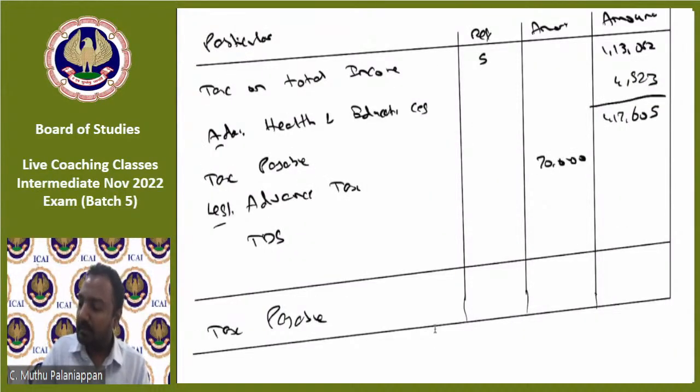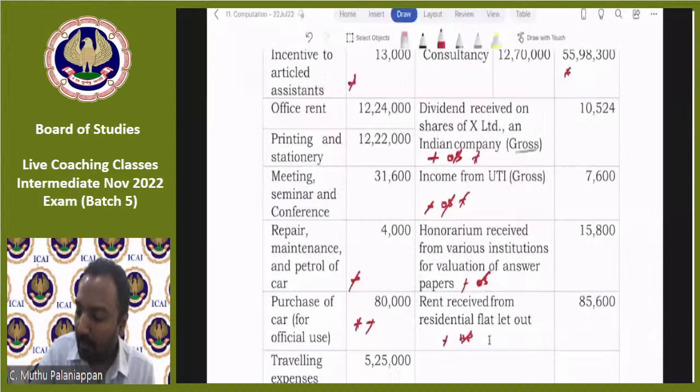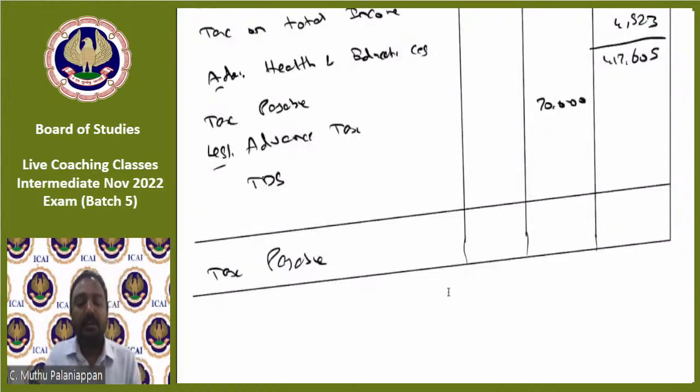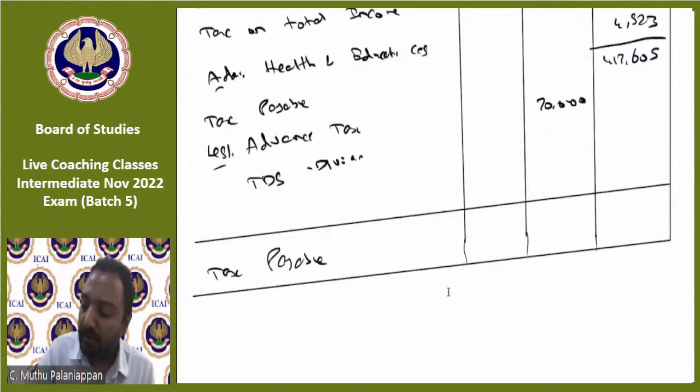And then the TDS. We said two things have to be considered. One is 10,524 on this. For dividend, it is under section 194, it is 10%. So you get 1,052.